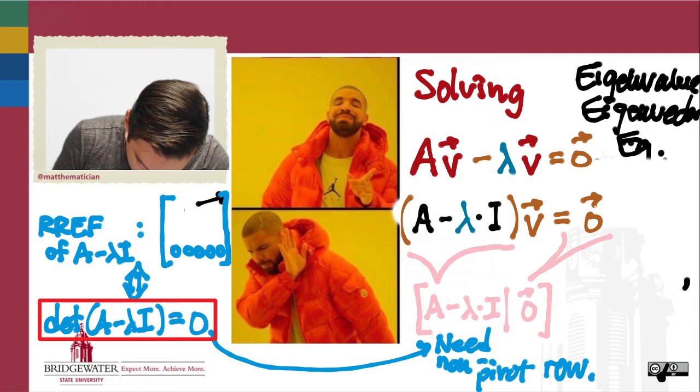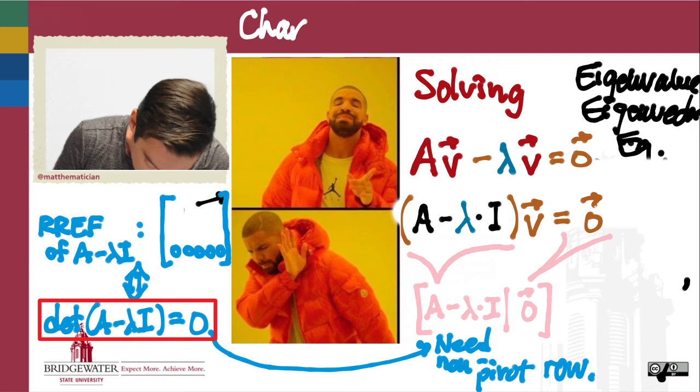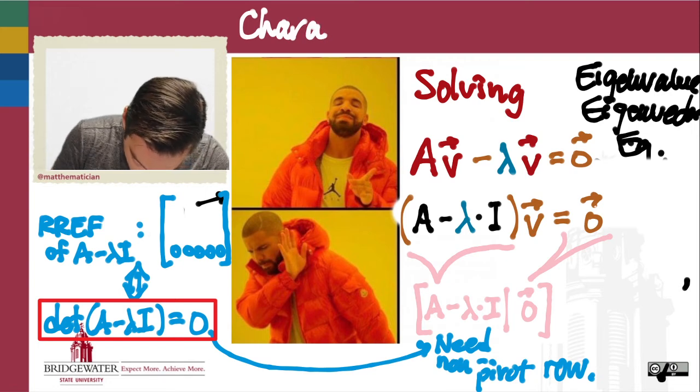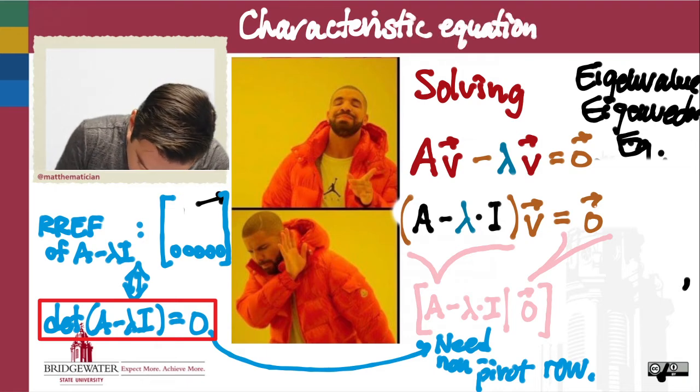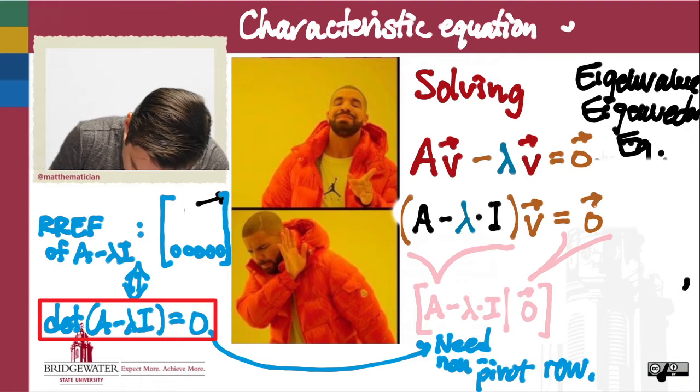And the way we get that is by writing down this equation: determinant of A minus lambda times the identity is equal to 0. That's called the characteristic equation for the matrix A.